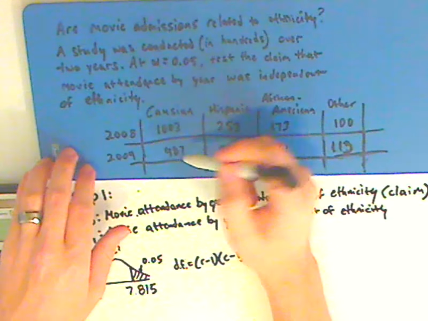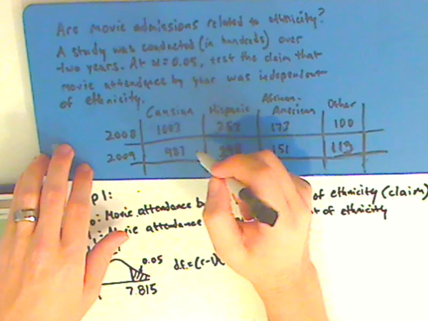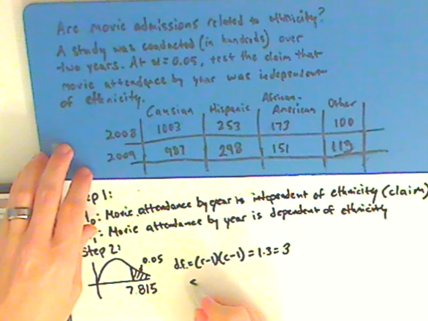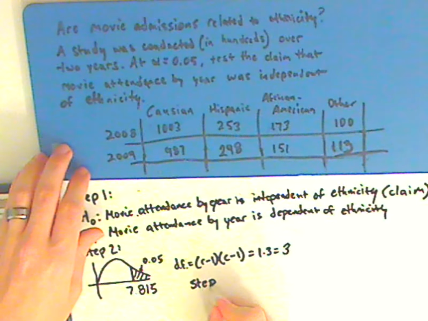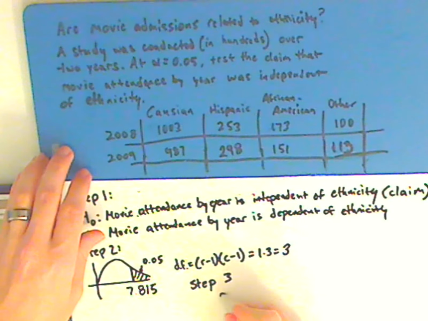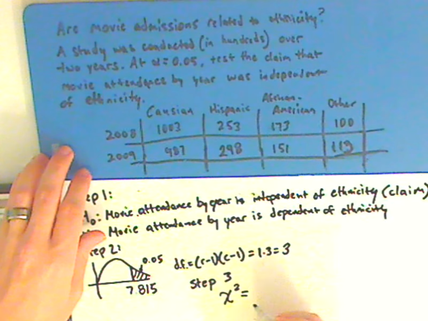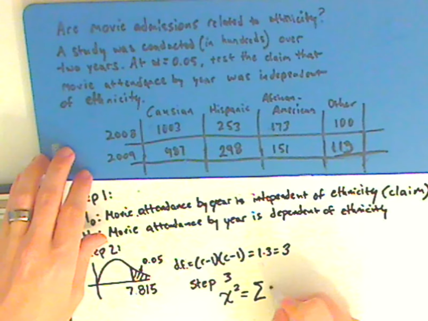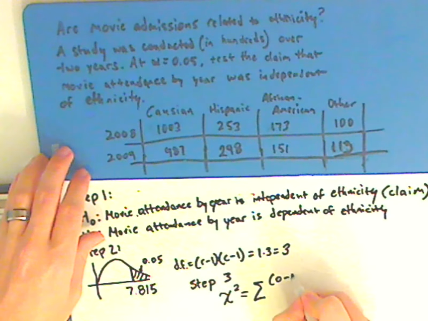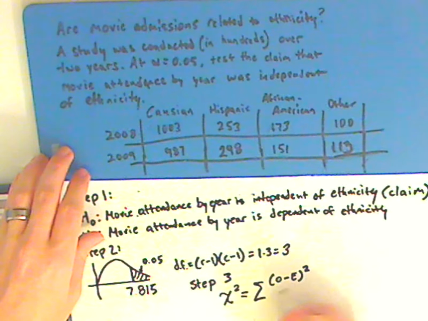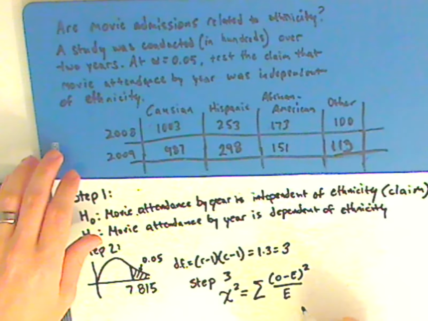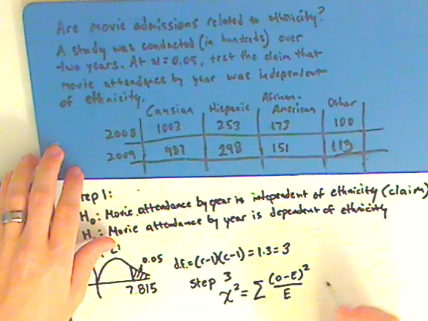Now the next step is kind of tricky. Step 3 is you have to find the chi-squared, which equals the summation of the observed minus the expected, squared, over the expected. Now, how do you find the expected?